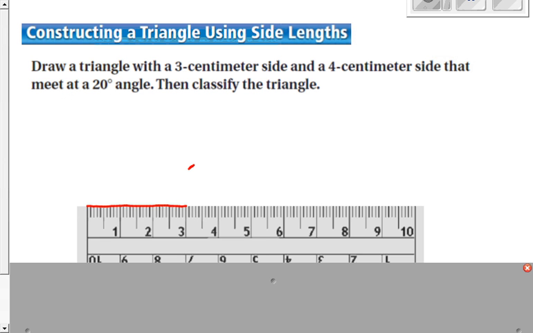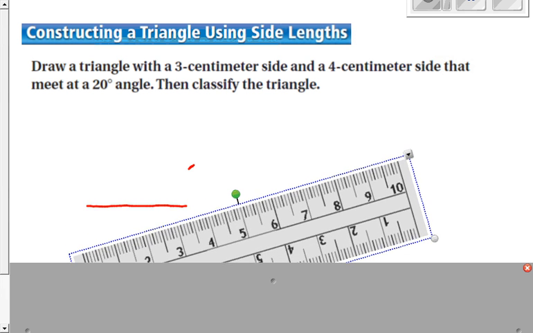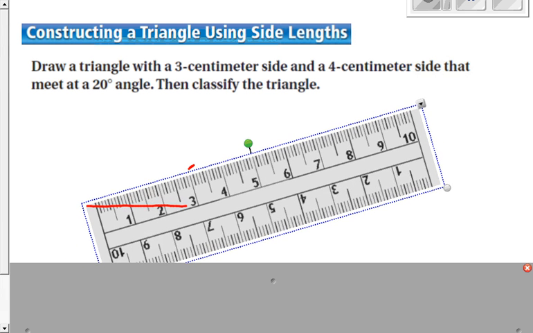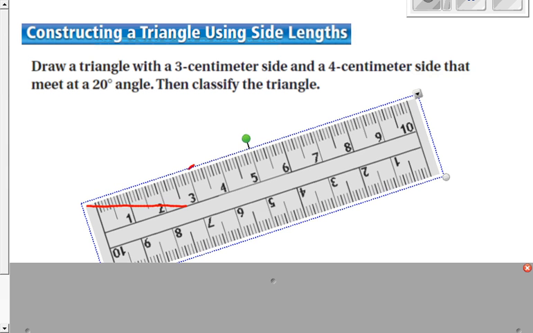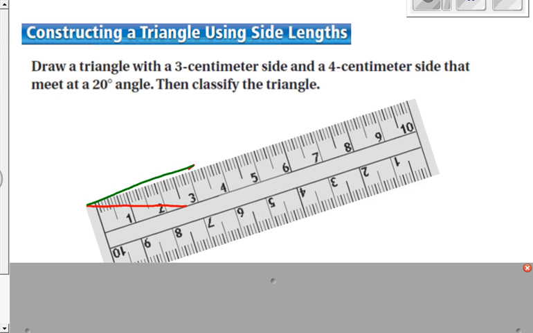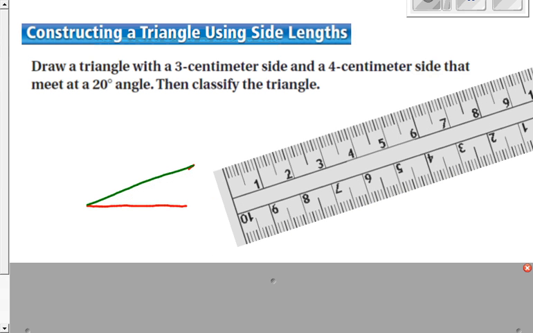And I am now going to make a 4-centimeter side with the line that I just drew that said it was 20 degrees. So we are right here, and I'm going to connect these two lines. So this is 3 centimeters, this is 4 centimeters, and this is 20 degrees.